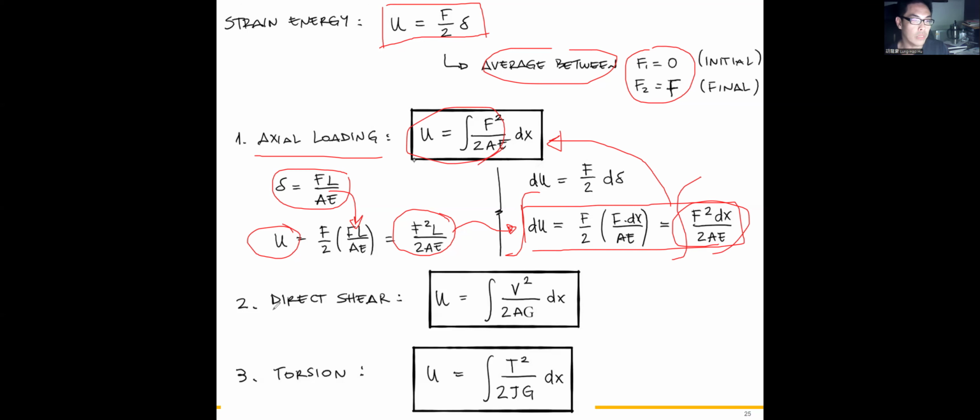Okay, and for direct shear V, the strain energy equals the integration of V squared divided by 2AG, where V is the shear force and G is the shear rigidity. For the torsion, the strain energy equals the integration of the torque T squared divided by 2JG. J is the polar moment, and G is the shear rigidity.